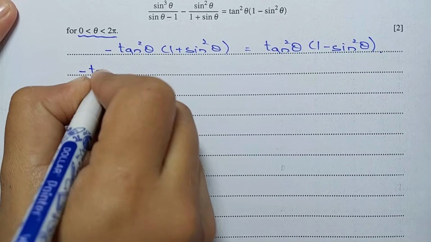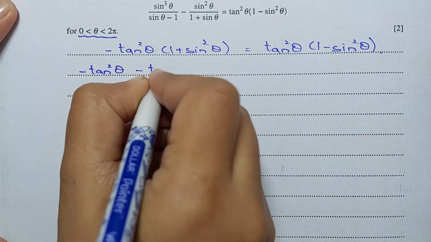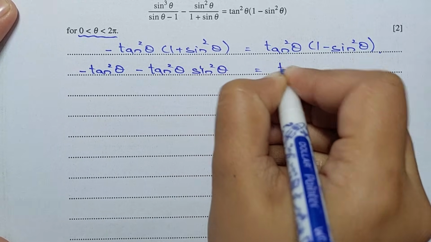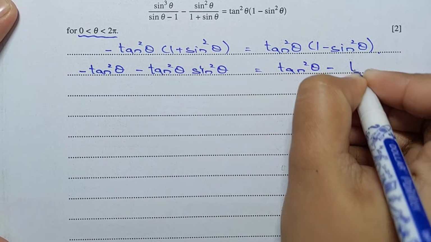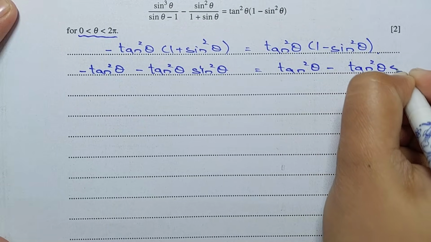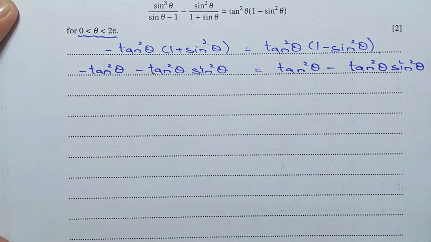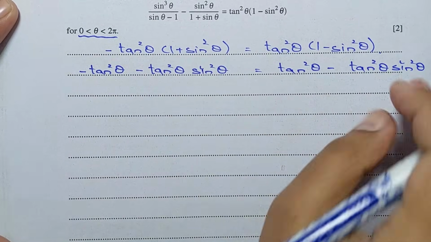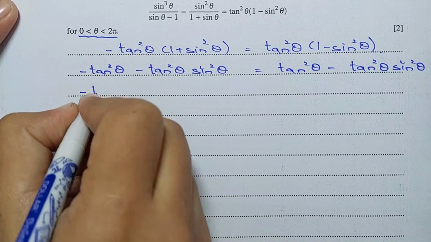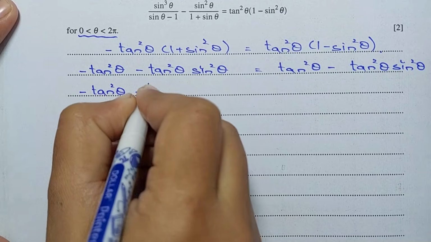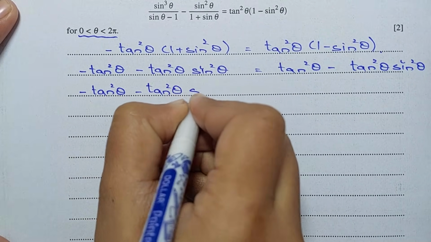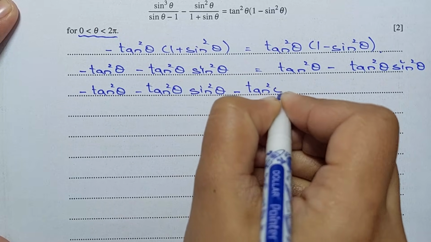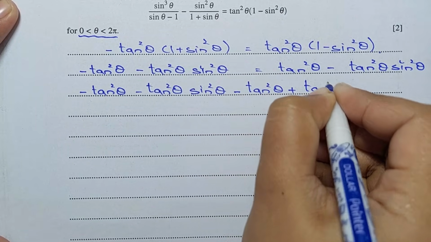It is minus tangent square theta minus tangent square theta sine square theta equals tangent square theta minus tangent square theta sine square theta. Shift every term to the left side: minus tangent square theta minus tangent square theta sine square theta, minus tan square and plus tan square sine square.